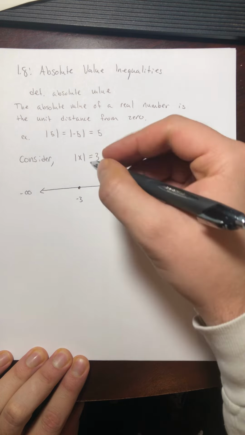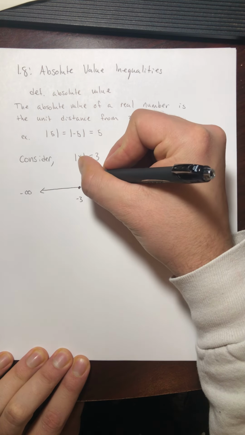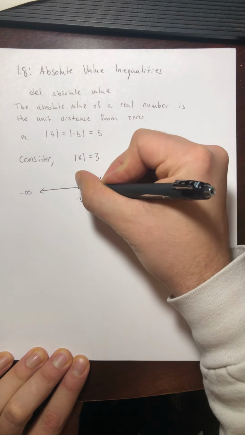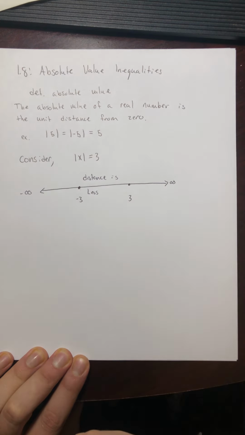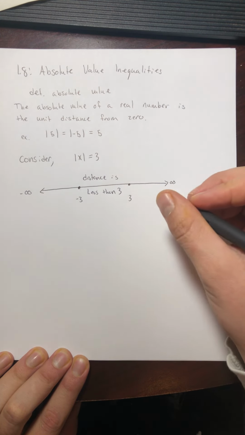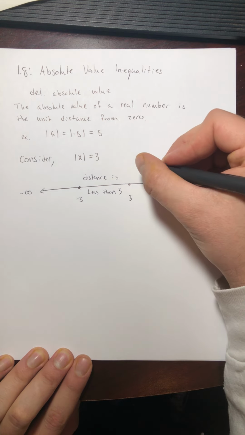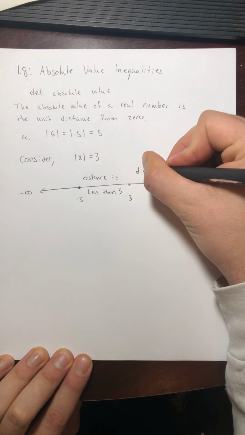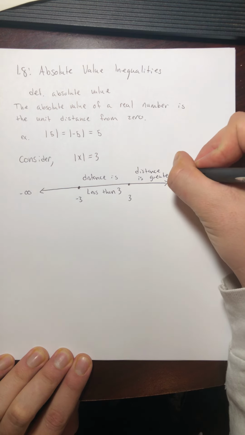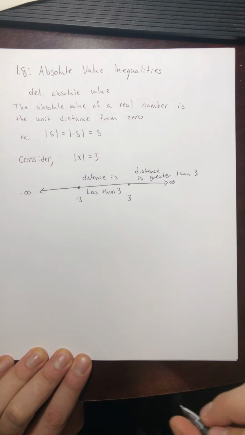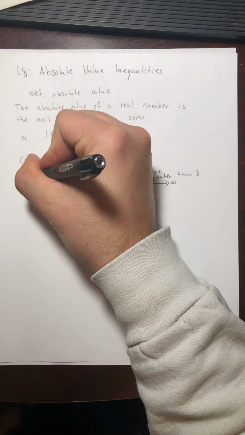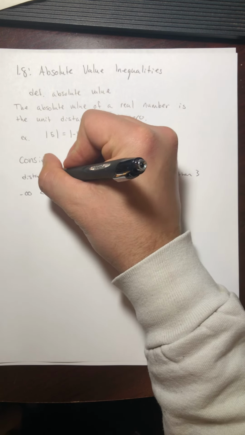In between negative 3 and 3, we would say the distance is less than 3, and over here, the distance is greater than 3, and over here, the distance is greater than 3.